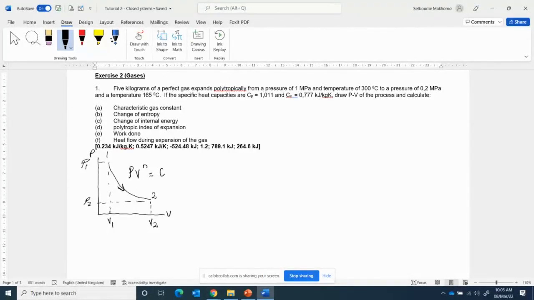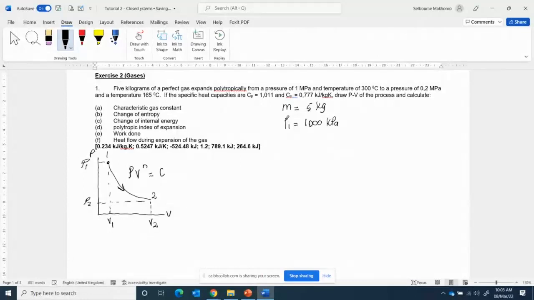It says 5 kilograms of perfect gas, which means the mass is 5 kg. It expands polytropically from a pressure of 1 megapascal. In other words, P1 is 1000 kPa.